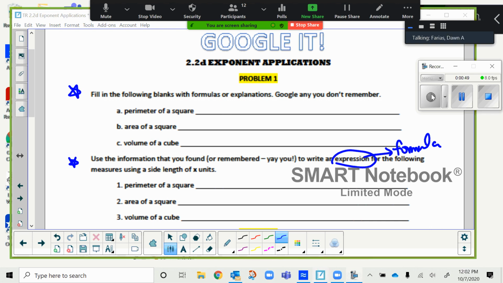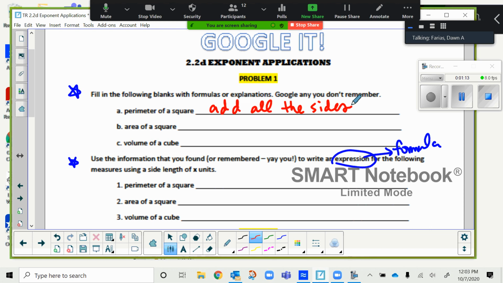Cool. Here's what I was looking for that I hope you came up with. For the perimeter of a square, if you were just giving that as an explanation, I was looking for something like where you said you just add up all sides. Right? That's what the perimeter of a square means.